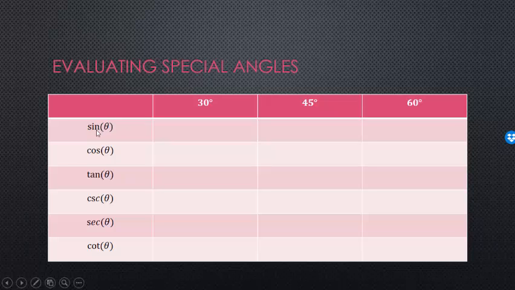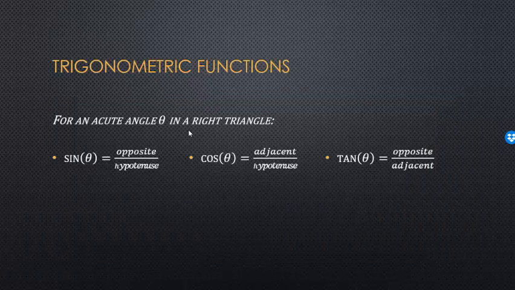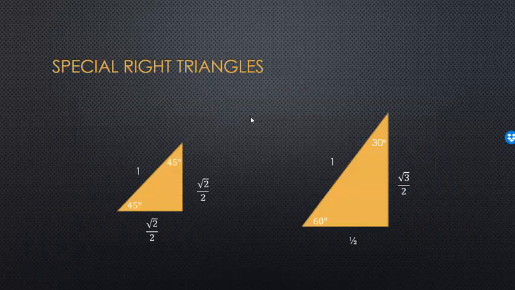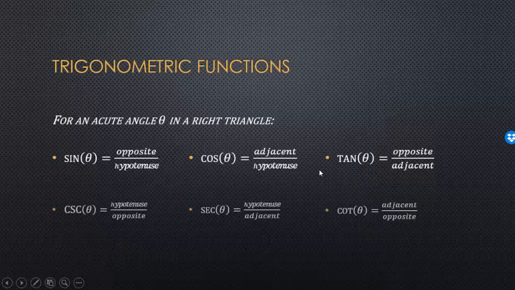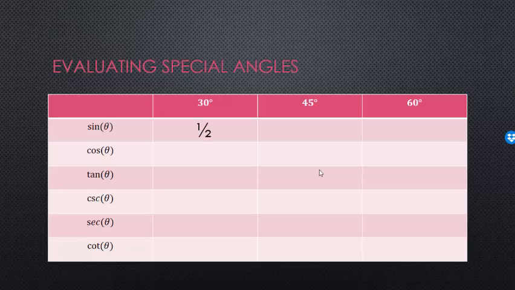So remember from SOHCAHTOA, sine is opposite over hypotenuse. So when you locate 30 degrees on the triangle you drew earlier, or you can rewind this video, sine is opposite over hypotenuse, and that gives us that sine is equal to 1/2.